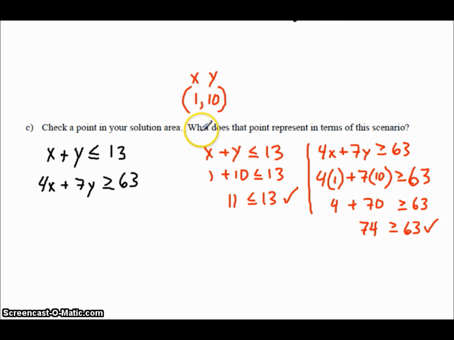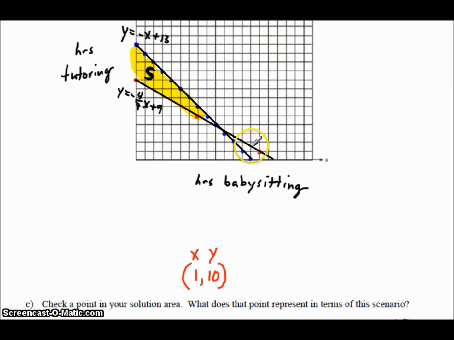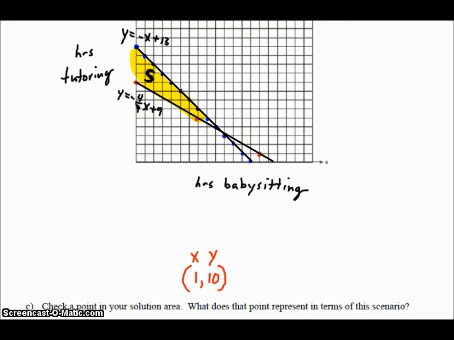And then the second part of this, though, is what does that point represent in terms of this scenario? Well, if the x is 1 and the y is 10, the x, again, if I go back, is the hours babysitting, and the y is the hours tutoring.